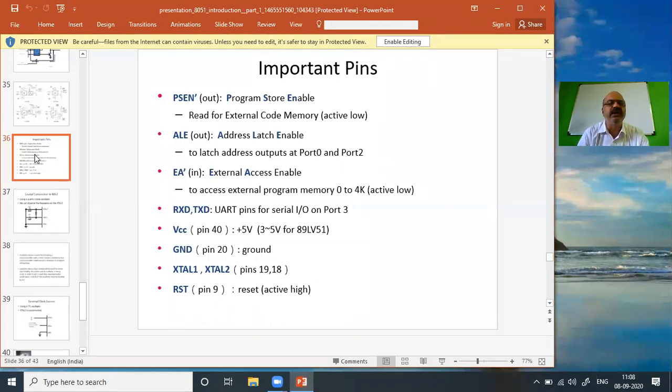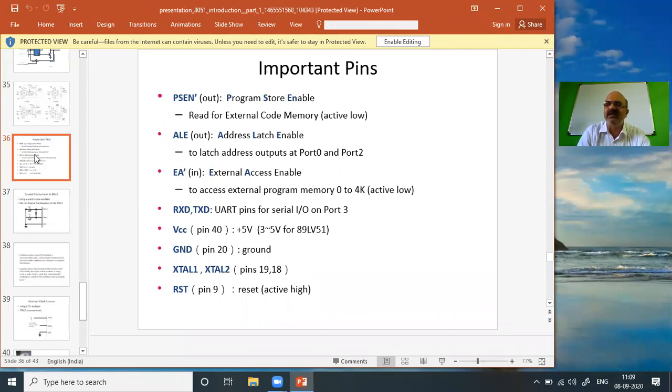Then there is an EA signal, external access. External access means if this pin, the EA pin, is grounded, then the microcontroller assumes that you are not going to use your internal ROM memory. Even if you have 4 kilobytes memory, you are not going to use that memory.